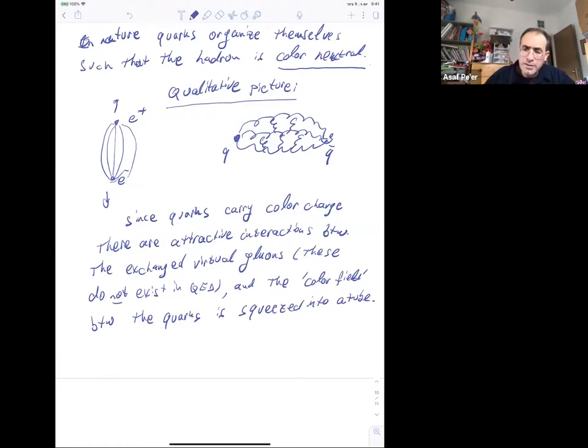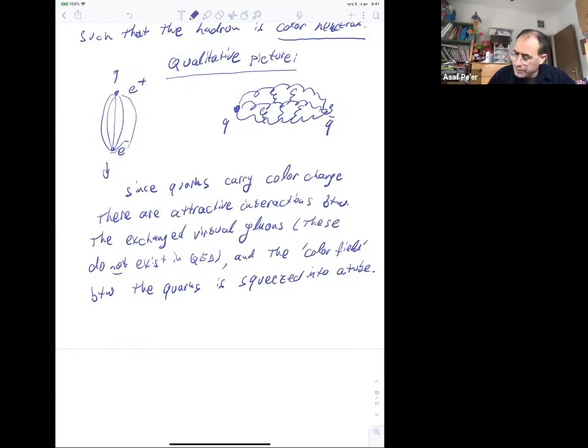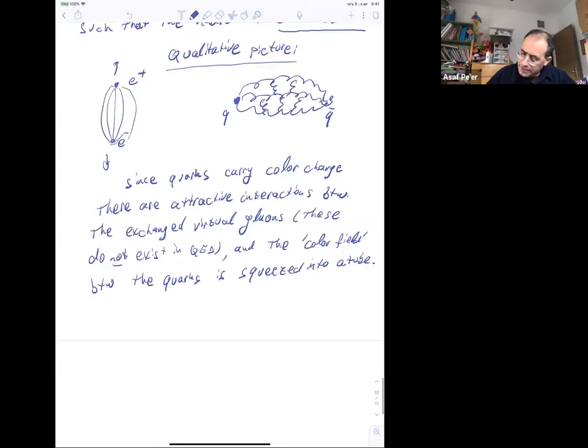So the outcome of all this squeezing is that when they're at relatively large distances, the energy density in the tube between the quarks is roughly constant. That's an outcome.